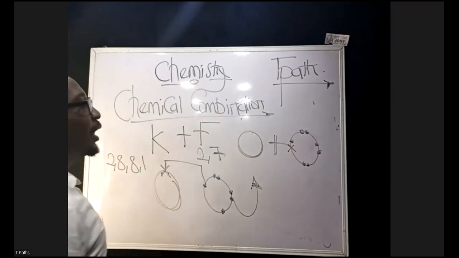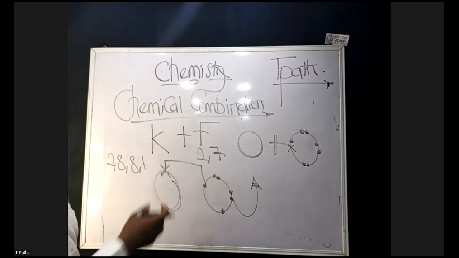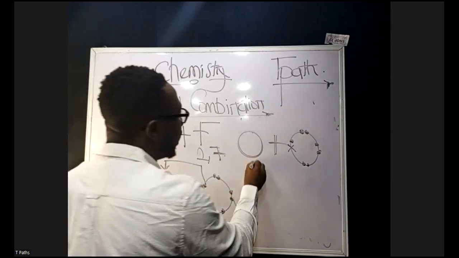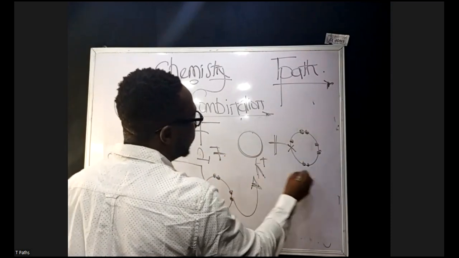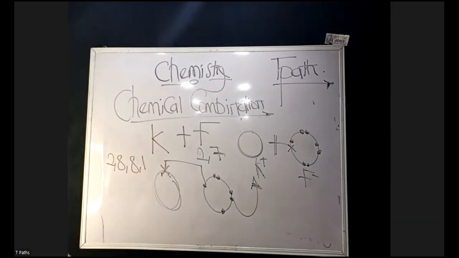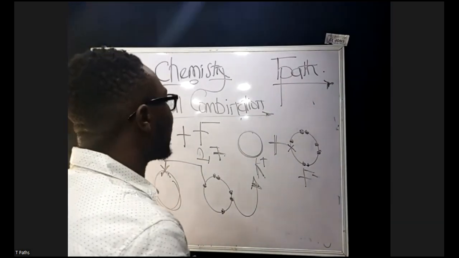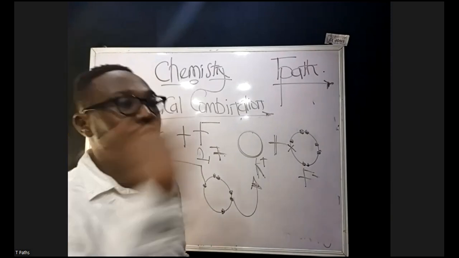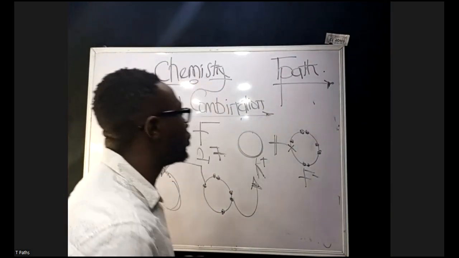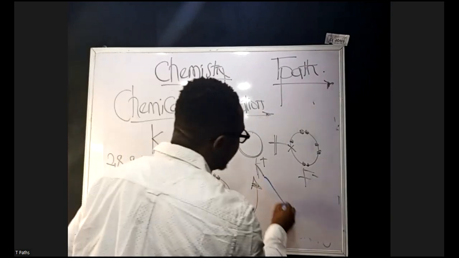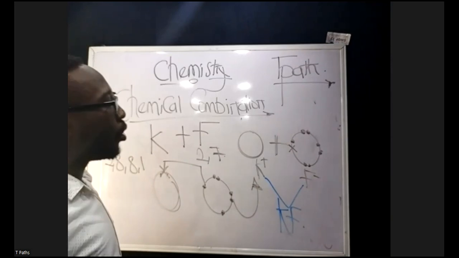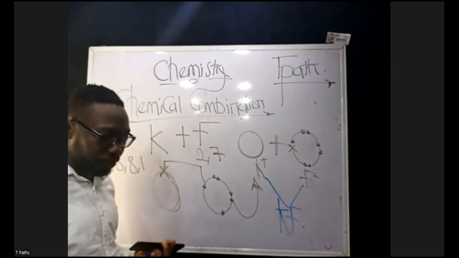So we can really say that an electron has been accepted by fluorine. In that sense, we call this K plus and we call this F minus. K plus means that potassium has lost an electron, and F minus means it has accepted an electron. They both combine together to form what we call KF, and that is what we call ionic bonding.